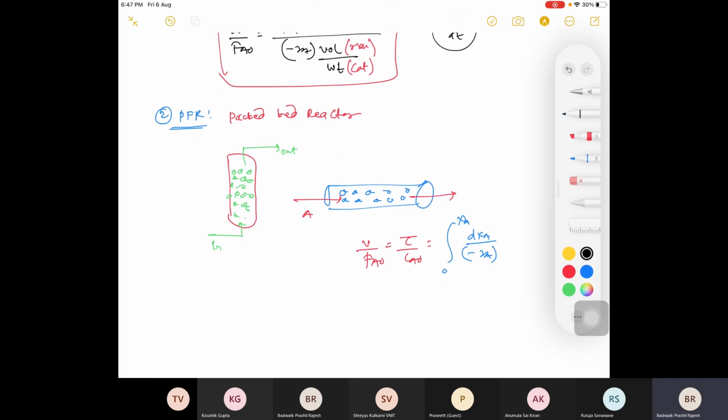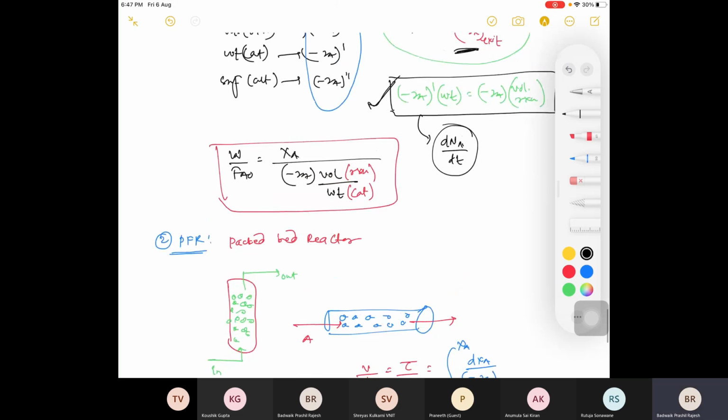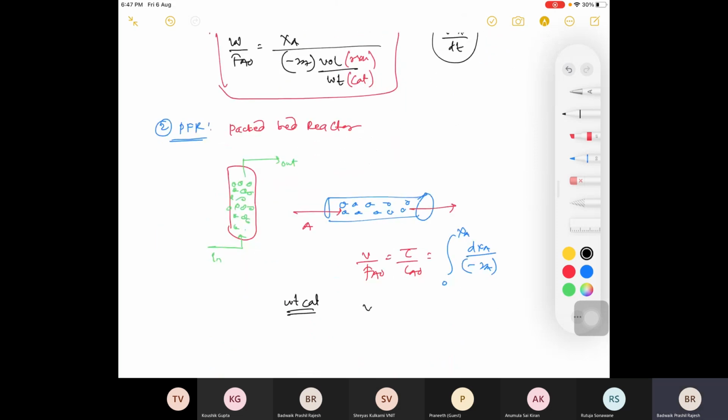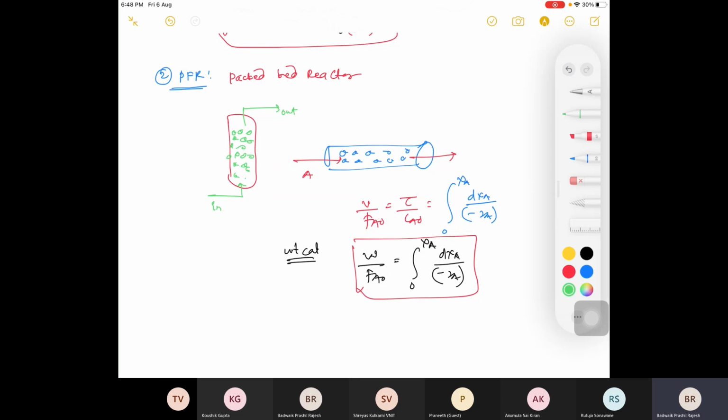Suppose I want to convert it into weight of catalyst, so you have this relation. Based on that, you can write W divided by F_A0 is equal to the integration from 0 to X_A of dX_A divided by minus r_A', and here I need to replace with the dash. Suppose in an exam I give you the rate based on volume of reaction mixture, you cannot directly substitute here.